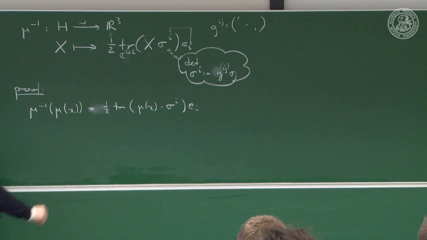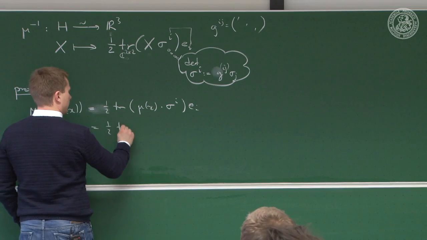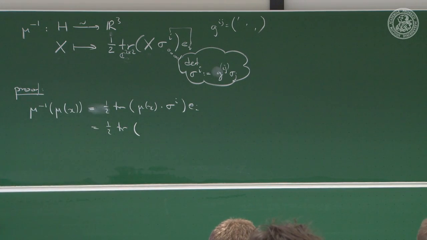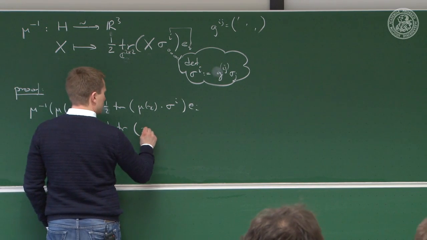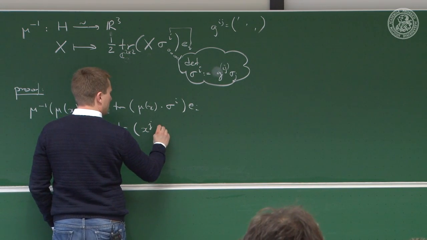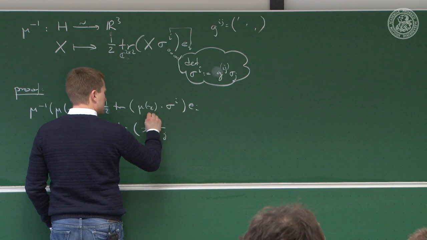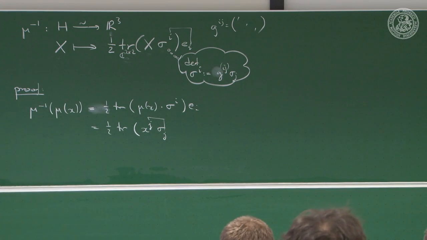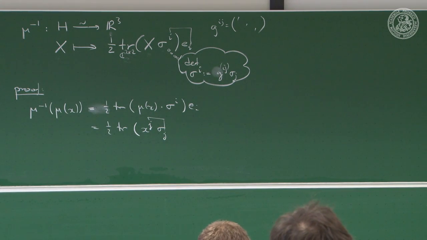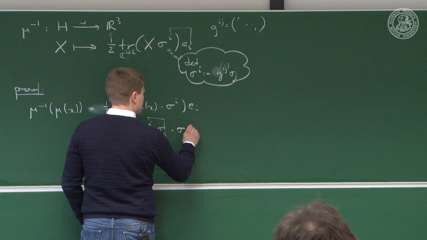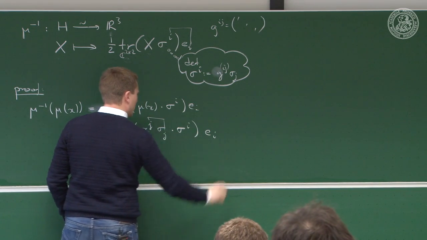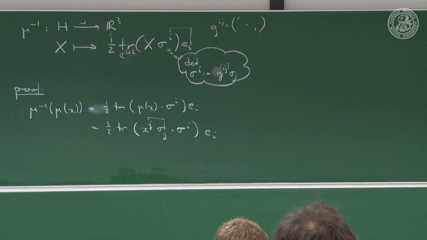Okay? And so this is 1/2 the trace. What's mu of x? Mu of x is x dotted into the sigma. So this is the xj sigma j, summation convention, right? This is exactly this, xj sigma j. Agree? This times sigma I EI. Aha.